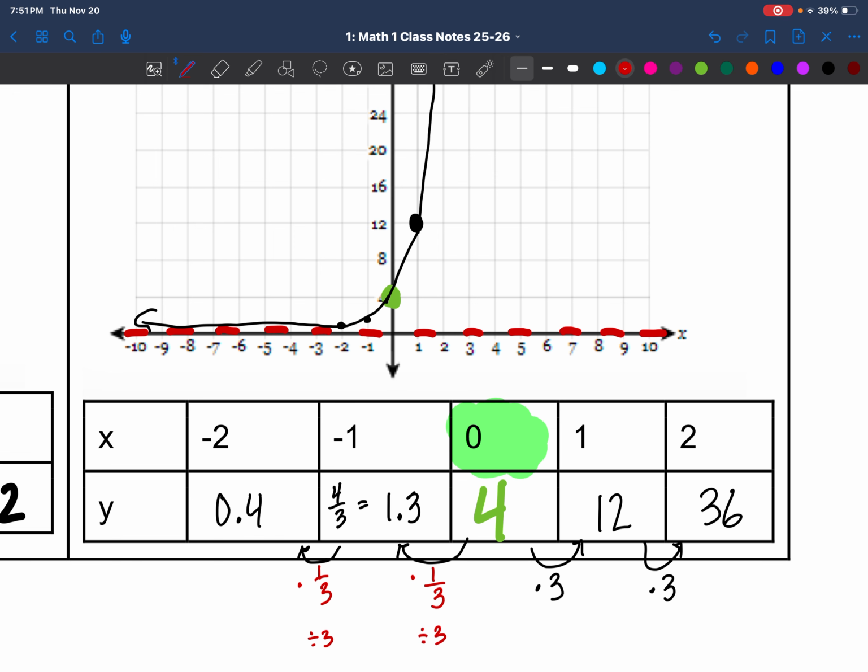So you could divide by 3 or multiply by 1/3. Either way works. You're going to get a decimal on this one, because you're going to get 4/3, which is approximately 1.3 repeating, and then here it's 0.4, take 1/3, multiply it by 0.33 or divide by 3, and you're going to get 0.4.